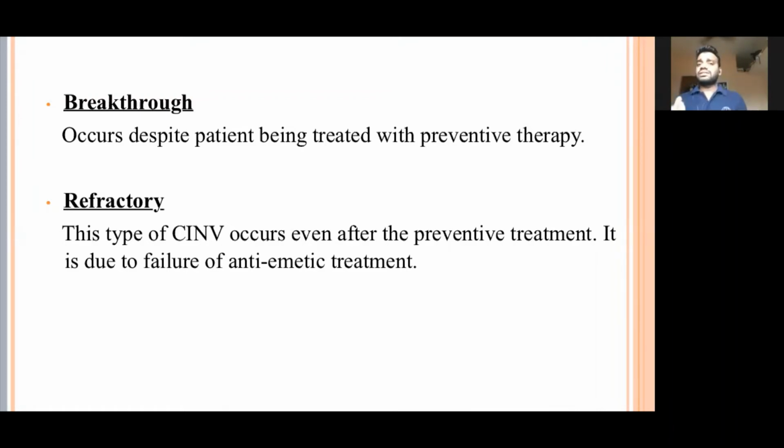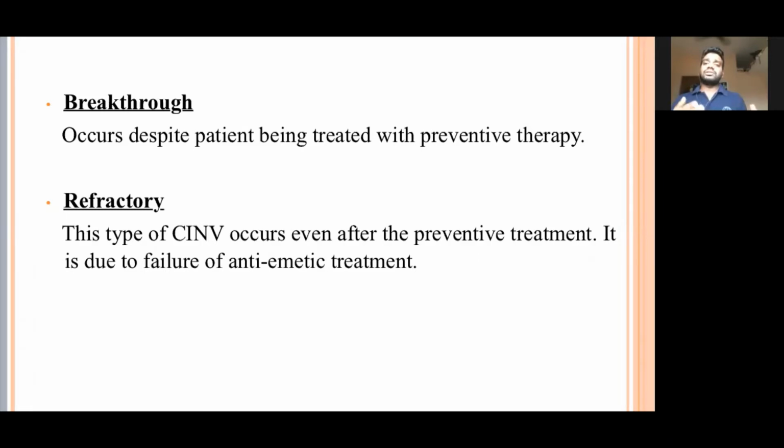Refractory, as the name says, means not responding to treatment. In breakthrough, you gave a treatment, but still the patient had nausea and vomiting. In refractory, the nausea and vomiting occurred even after the preventive treatment.